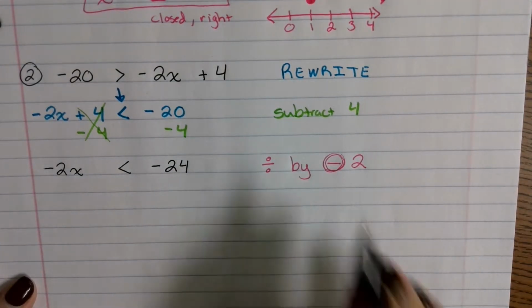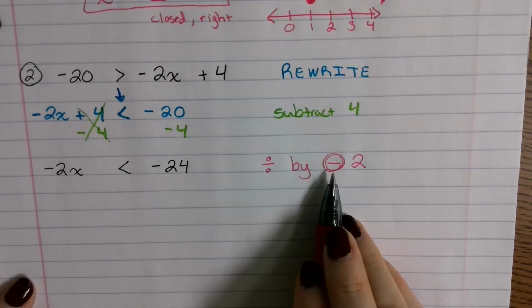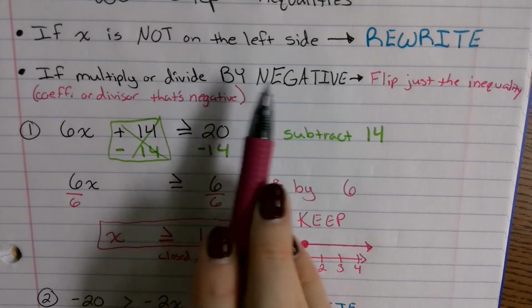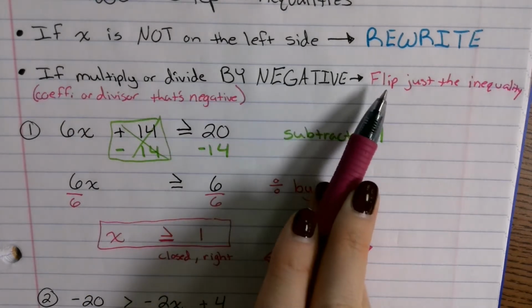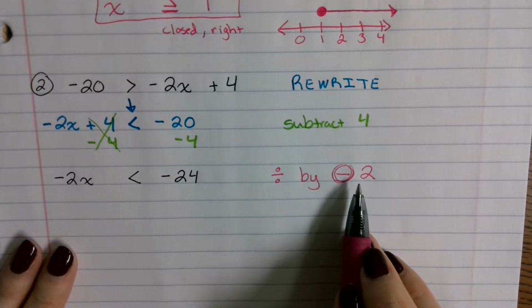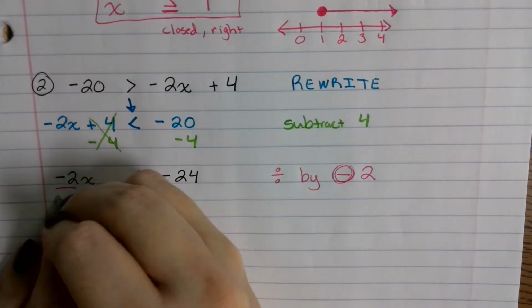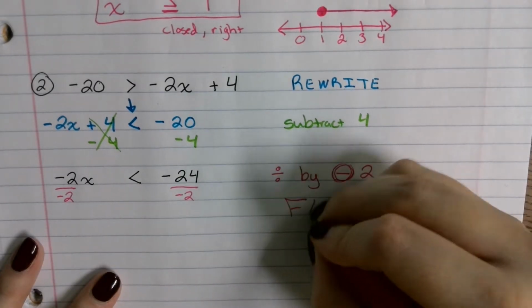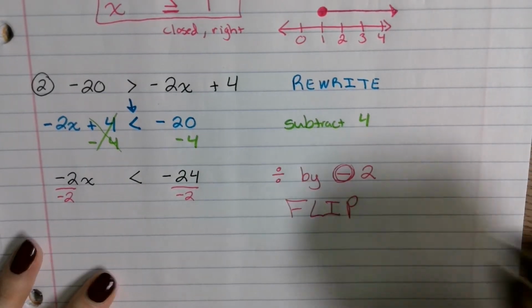Flip it. It's that negative. Remember, what was the rule up at the top? Second rule, if you multiply or divide by a negative, you flip the inequality. So because it's a negative 2, we are dividing both sides by that negative 2. We're going to flip our inequality.